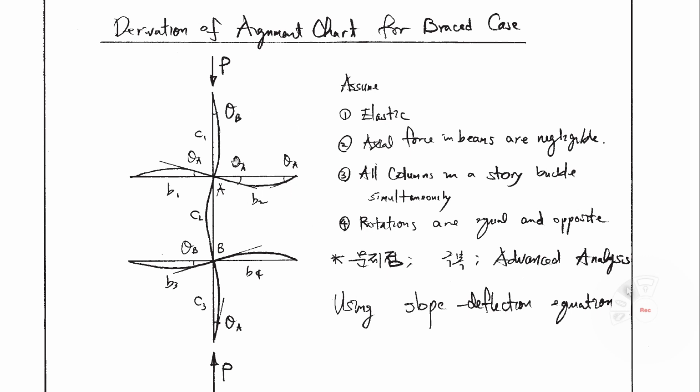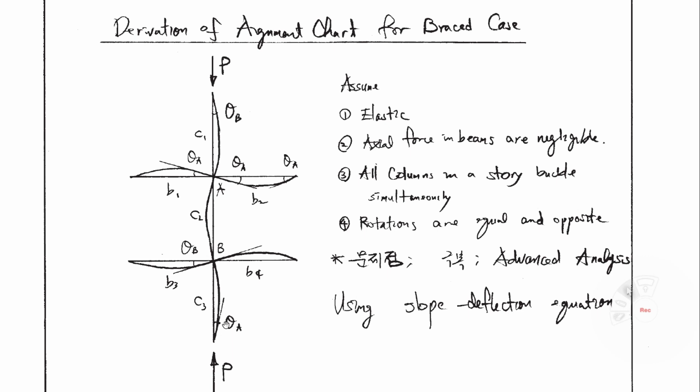So this is theta A, this is theta A, this also theta A. Let's look at here, B: theta B, theta B, theta B. This also theta B, right? This also theta A. One interesting assumption is that here this is theta B, these are theta A, here theta A. That is the assumption to derive the alignment chart for braced frame.